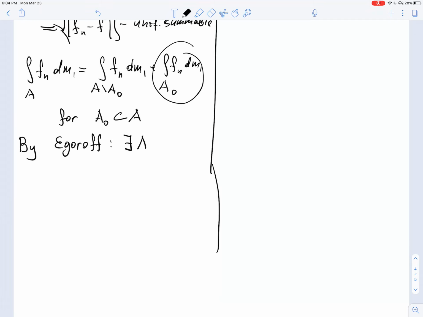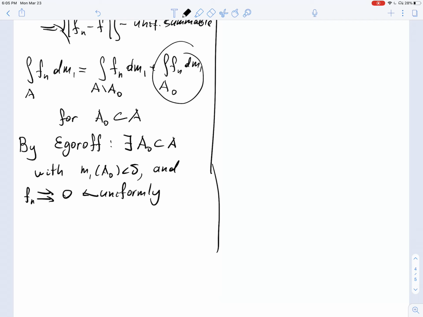So there exists an A0 in A with small measure and Fn's go to 0 uniformly. So that's what Yegorov does.